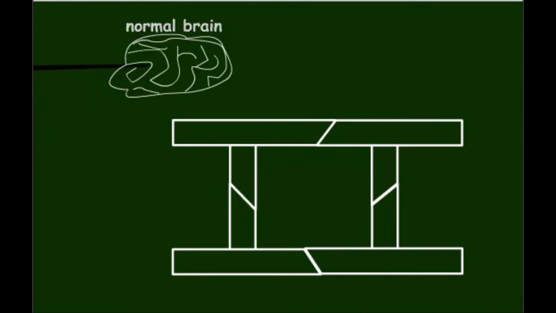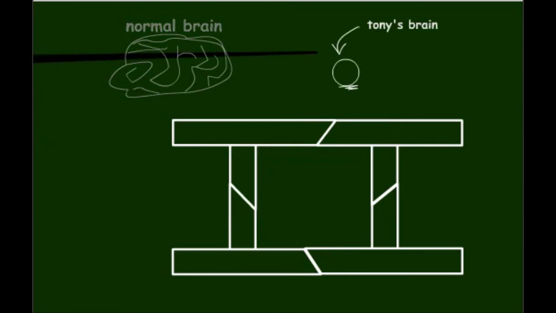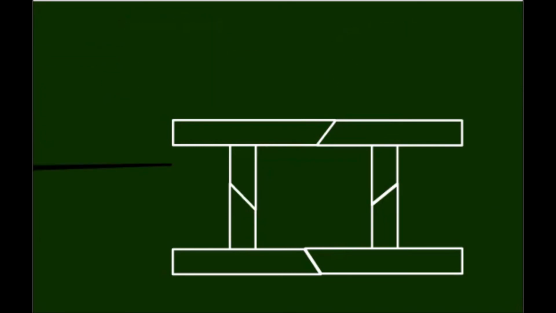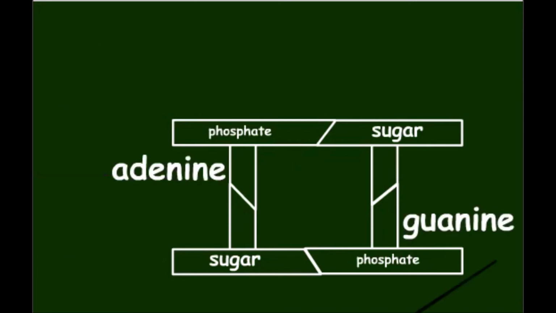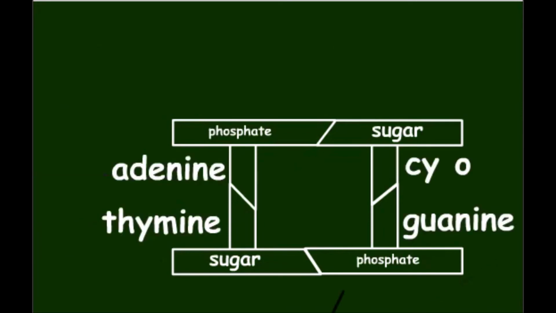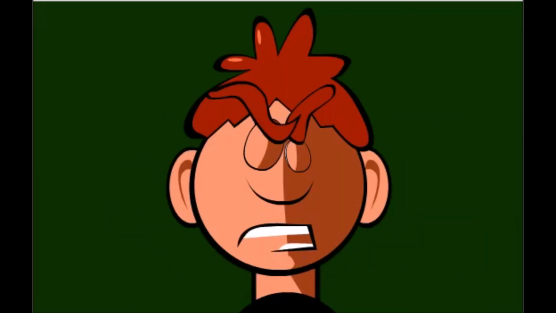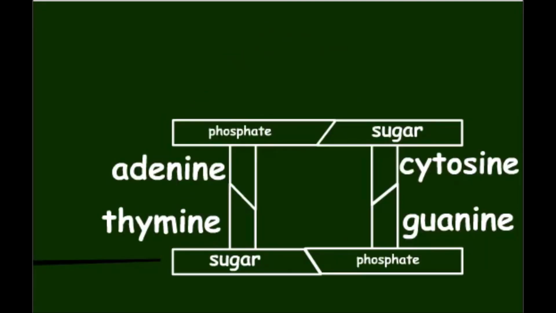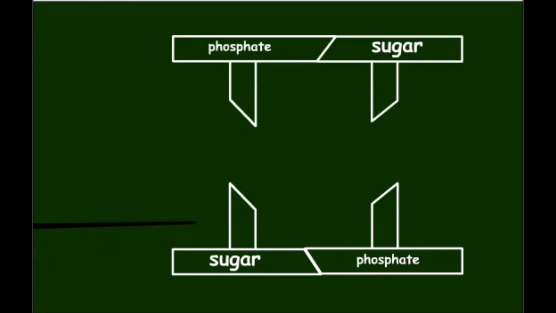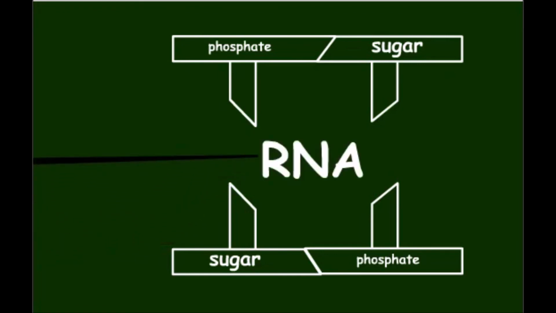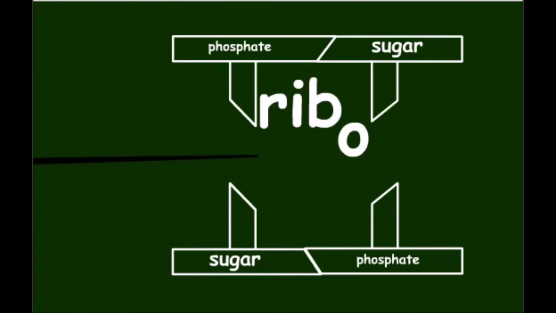It's actually a lot more complicated than that, but for my brain, it's a ladder structure, and it's a phosphate sugar with rungs that are created out of what are called adenine, guanine, thymine, and cytosine. And these connect together in a certain way, break apart, and then reconnect again using RNA, which is ribonucleic acid.